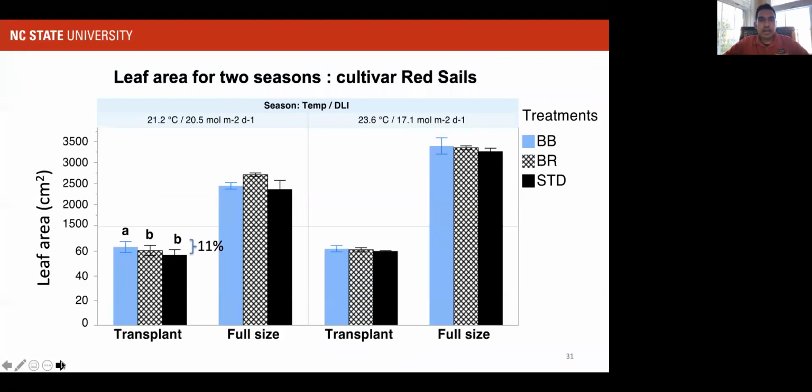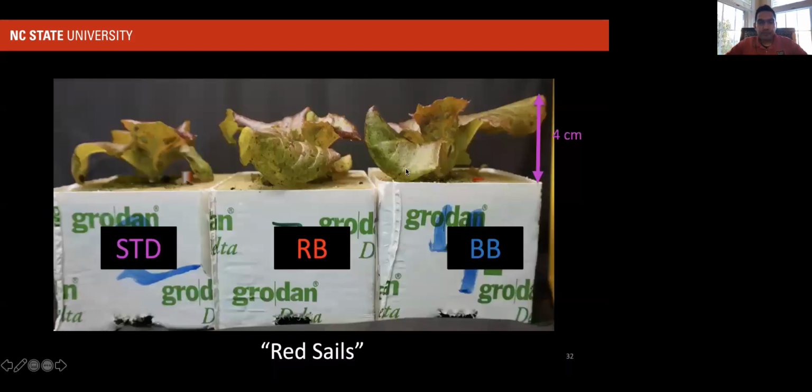So these are the leaf areas for the 2 seasons. We have a DLI of 20.5 moles in one season, another one of 17.1 moles, and you also see the difference in temperature. So we didn't see what we were looking for. We saw a leaf area that's slightly higher at the transplant stage, 11%, marginally, but we didn't see anything in the full size in the higher light or lower light season.